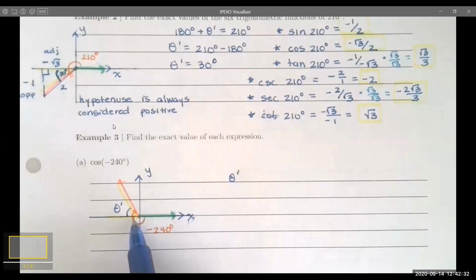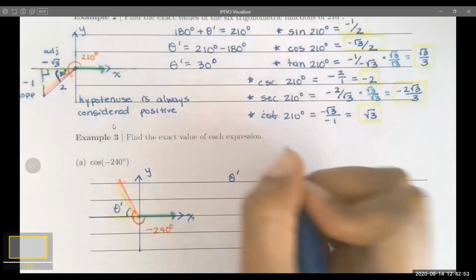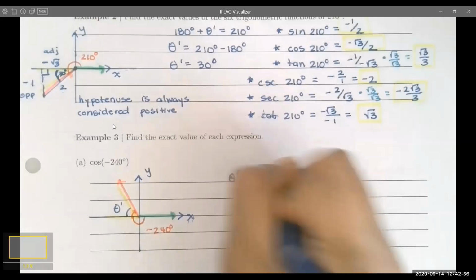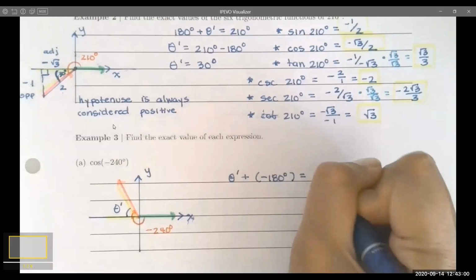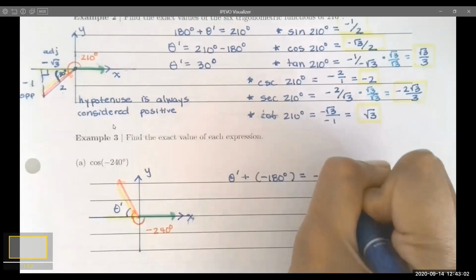So in this one, we're going to take a look at the diagram and consider, well, if we go up to here, we would get a negative 180, right? And then if we take the 180 and we add it to the negative 240, that's how we would get the theta prime, right? Basically what I'm saying is theta prime plus negative 180 degrees gives us the negative 240 degrees.